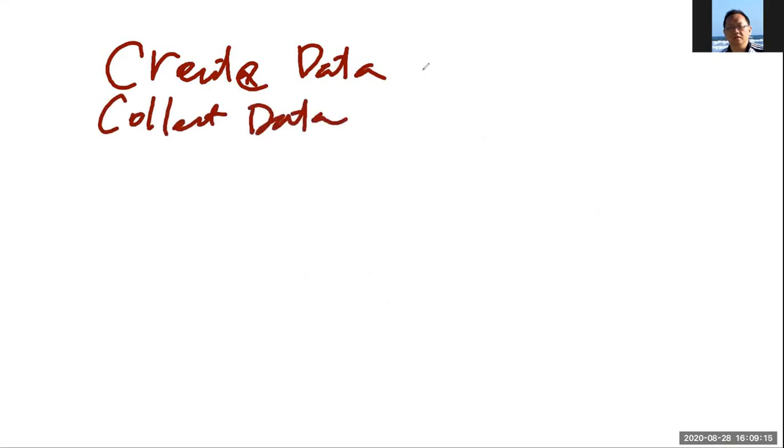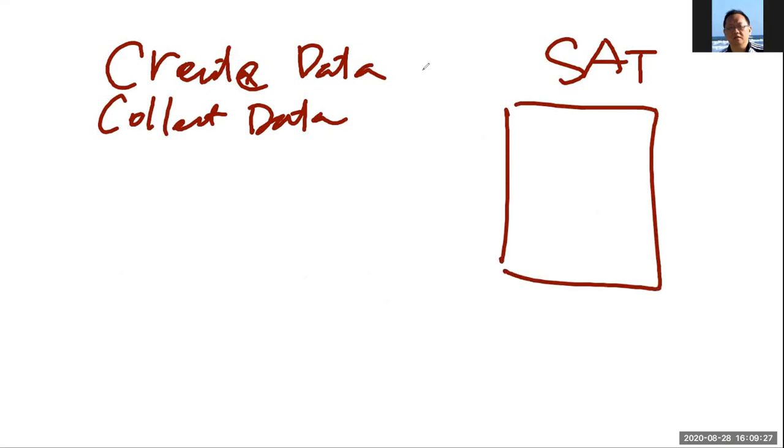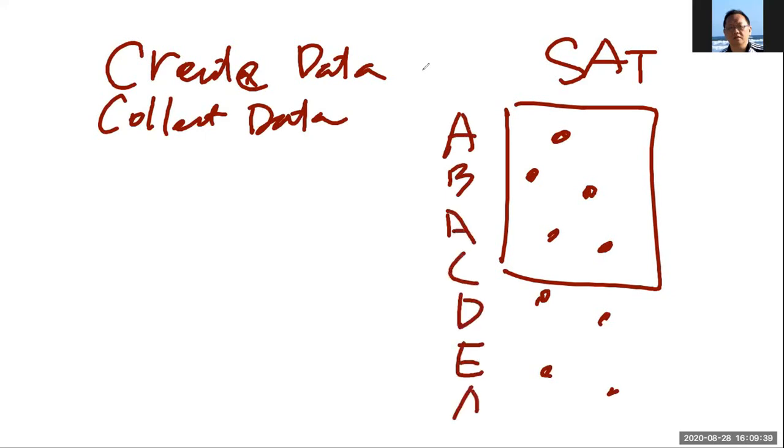For example, if you take the SAT exam, students go to the exam and bubble their answers, so you get A, B, A, C, D, E, A, whatever.